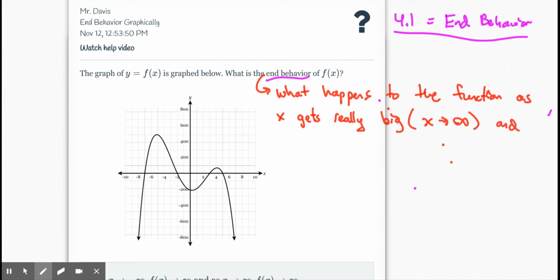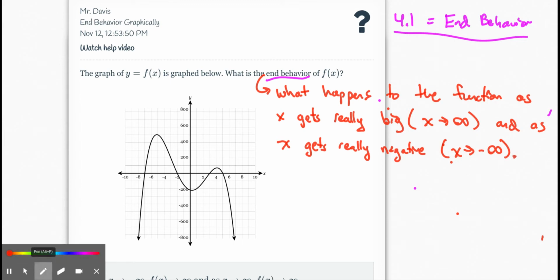And as x gets really small, or you could say really negative, in other words, as x goes to negative infinity. So what happens to the y value of this function as x gets really big, in other words, goes to positive infinity, and as x gets really negative, in other words, goes to negative infinity. So I've got an example of one here.